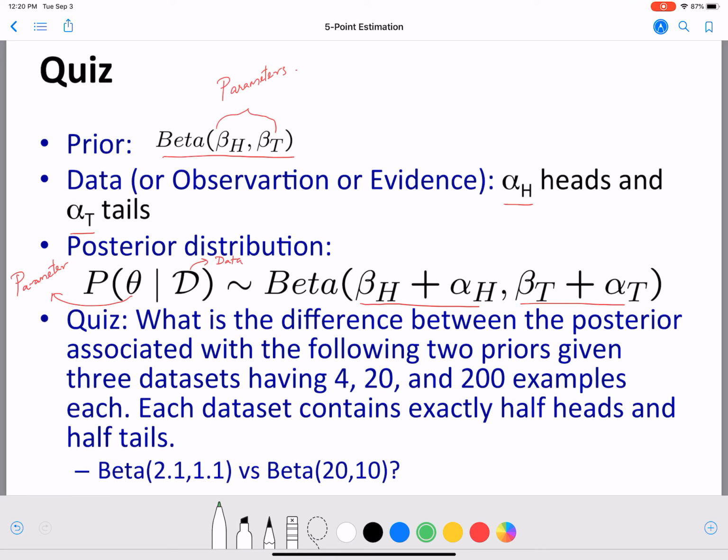Now let's again repeat what these different values are. Alpha h is number of heads. Alpha t is number of tails. Beta h and beta t are parameters of the beta distribution.